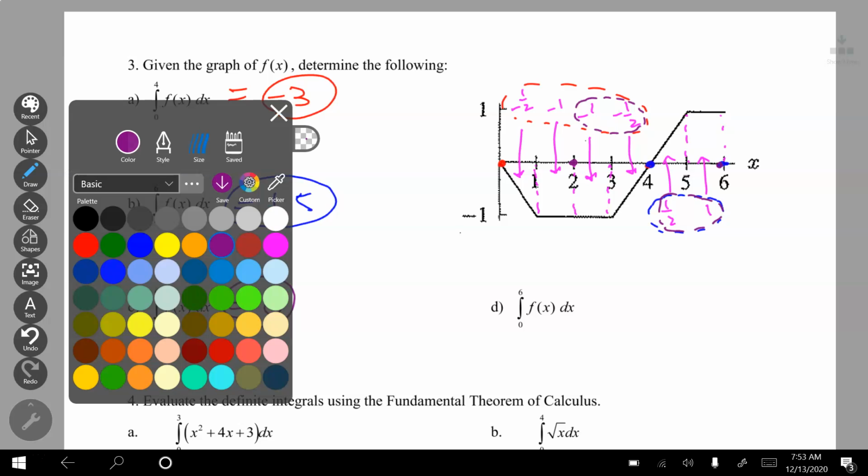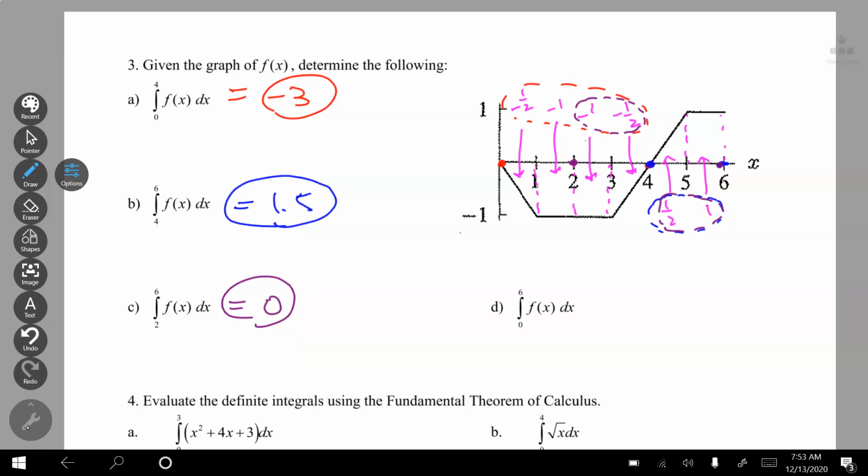If I want to do the whole thing, 0 through 6, well, over here I have negative 3. Over here I have positive 1.5. I add them all together. I get negative 1.5 is a total area. There's more negative area than positive area.